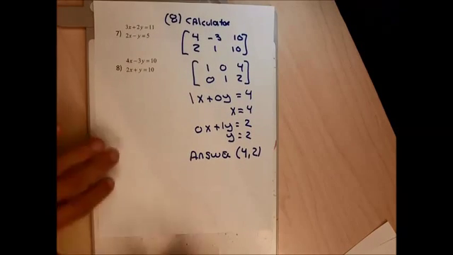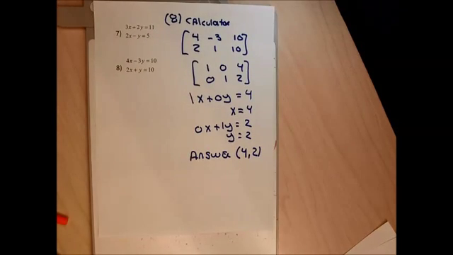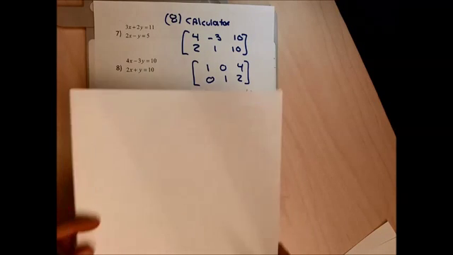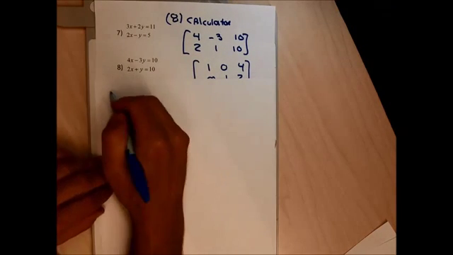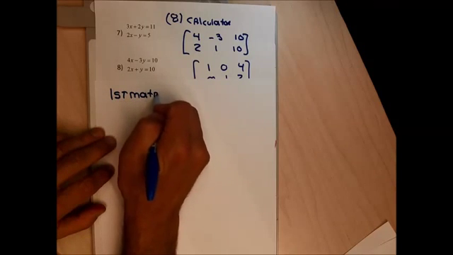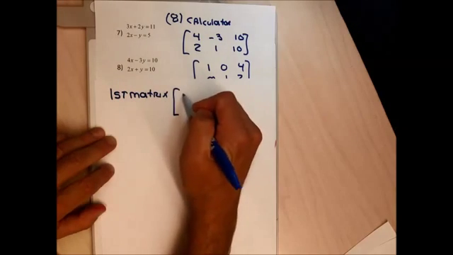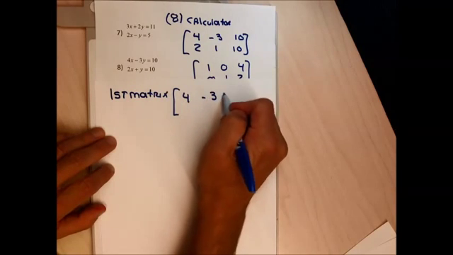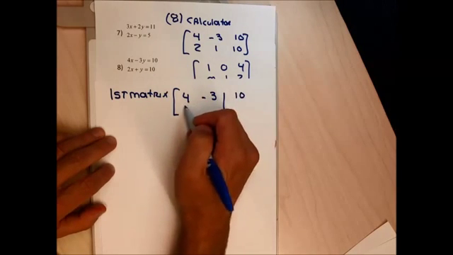Now, by hand. By hand, I do the elimination method twice. So by hand, my first matrix. Notice I didn't put the line in. It's nice if I put this line in, but it's really not necessary.